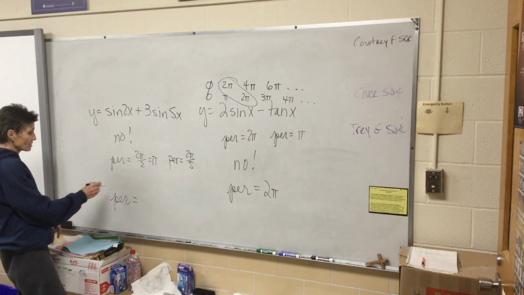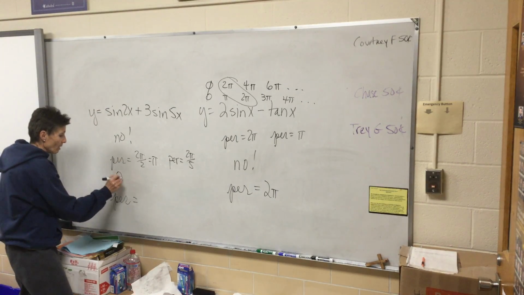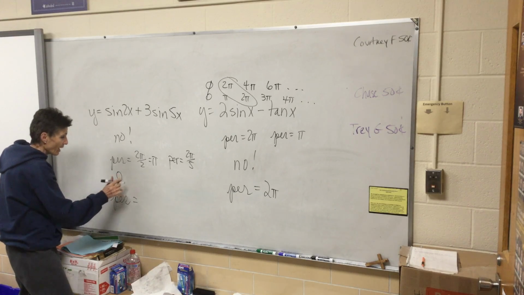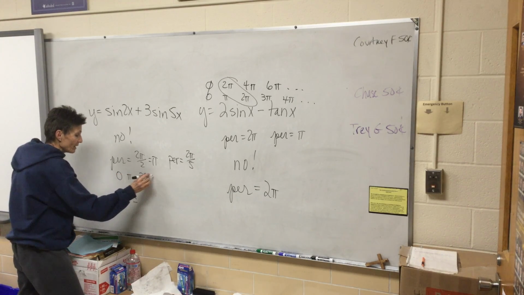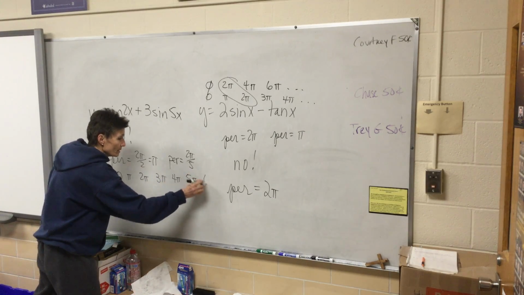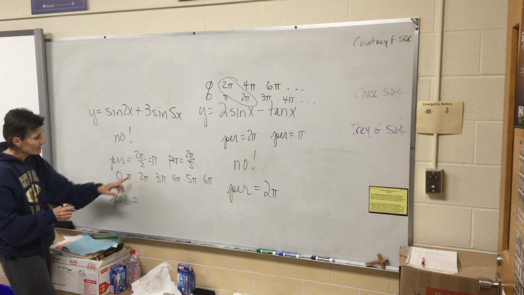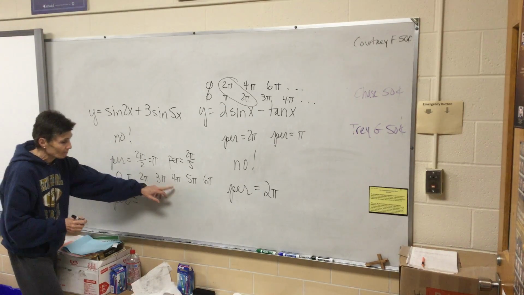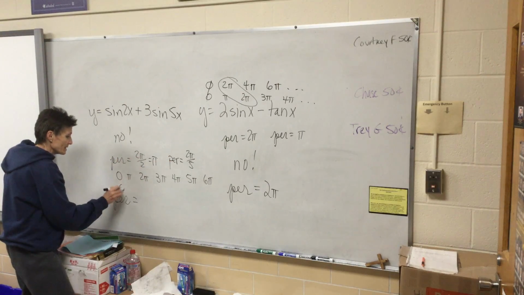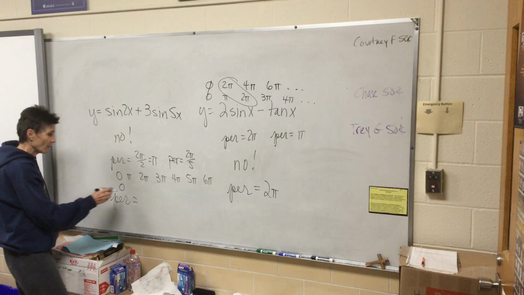This one starts over every pi. So 0, pi, 2 pi, 3 pi. This is where it starts over. The function is starting over every pi units. This one is starting over every 2/5 pi.